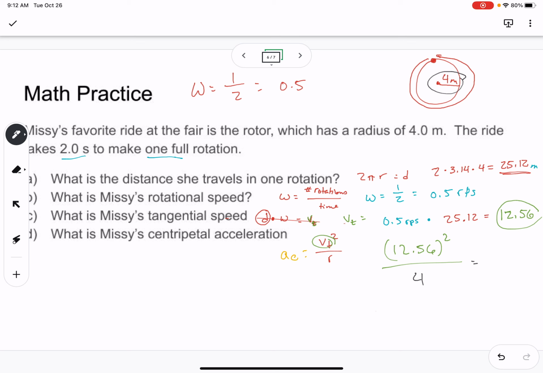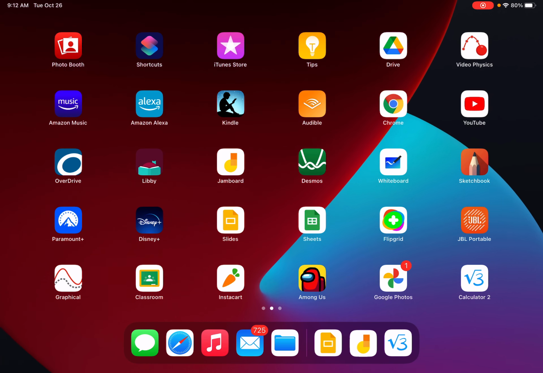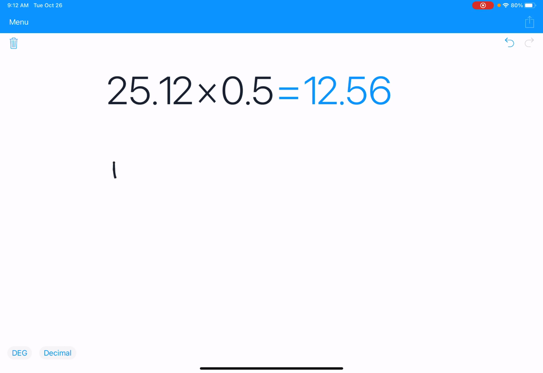So we have to do 12.56 squared. Let's see if this thing will let me do that. Nope, that didn't do it. Sometimes technology isn't as great as you think it's going to be.